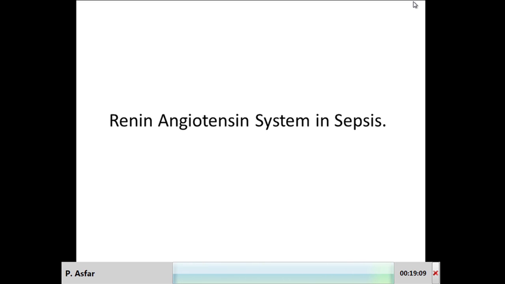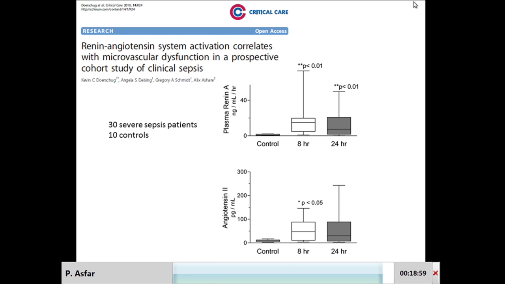So what happens during septic shock with the renin-angiotensin system? How does it behave? During septic shock in patients, we show that we have an increase in plasma renin activity, and an increase in angiotensin II concentrations.